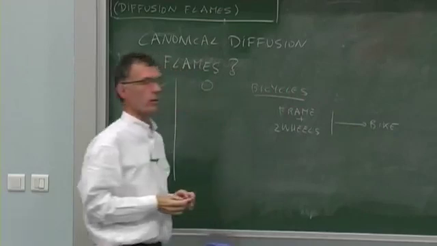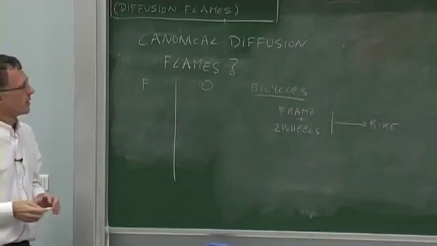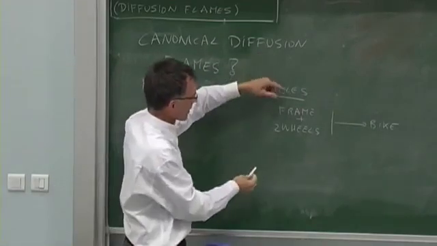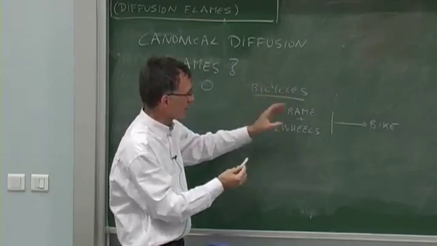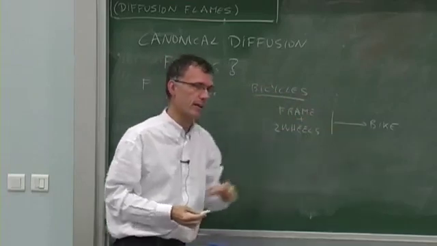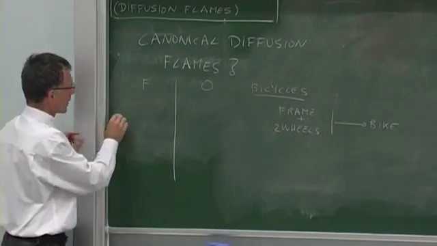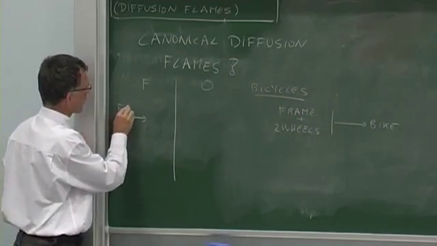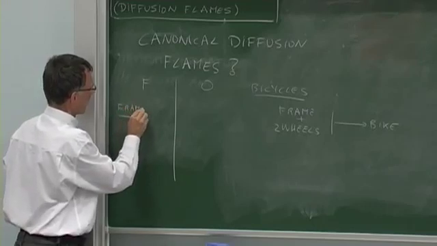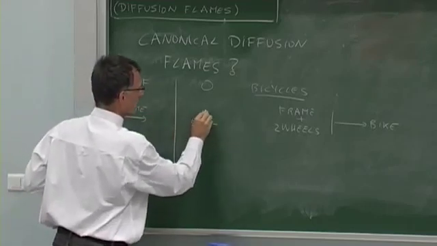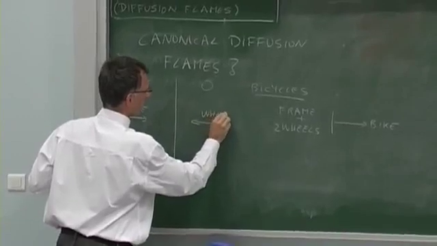It's a good way to do a plant, okay? You have frame and wheels coming here, you put them together, it's like mixing, and then when you assemble them, you get the bike. If you do that in a diffusion mode, this is not what people would do. You would have people bringing the frame from this side, and other people bringing the wheels on the other side.